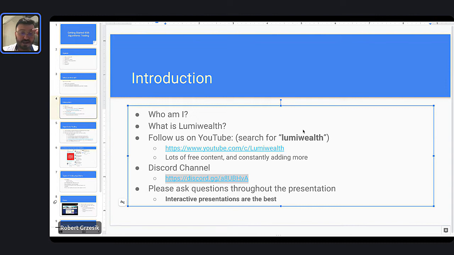Our Discord is fantastic. It is essentially, if you guys know what Slack is, right? WhatsApp maybe is another good comparison. But essentially, we have what's called a Discord server for Lumi Wealth, where you guys can get to know a lot of other people that have the same types of enthusiasm about these types of things that you do, right? We have a lot of people in there that are dedicated to blockchain or to algorithmic trading, specifically as well. This is kind of our main thing, crypto trading, and just generally, ways how to make money.